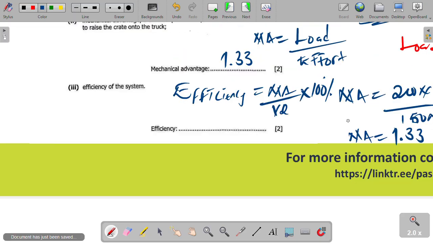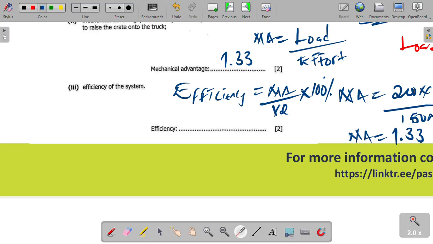This is the formula. Write it down. Efficiency is given by mechanical advantage over velocity ratio times 100%. So this is the formula for efficiency.